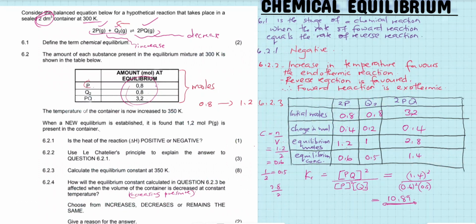The only thing that has an effect on the Kc value is the temperature. So our answer is it remains the same. The reason is that only temperature can change Kc, not pressure. In this case, temperature is constant, so there will be no change in our Kc.